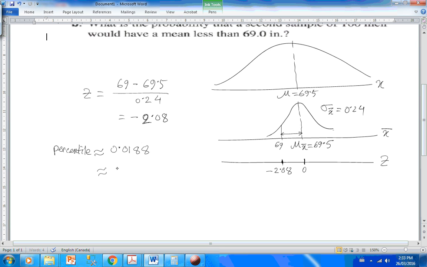So that will give you 1.88 percentile position, which simply means that only 1.88% of the area under the curve lies to the left of 69. So this area is 1.88% of the total amount of area covered by the distribution.